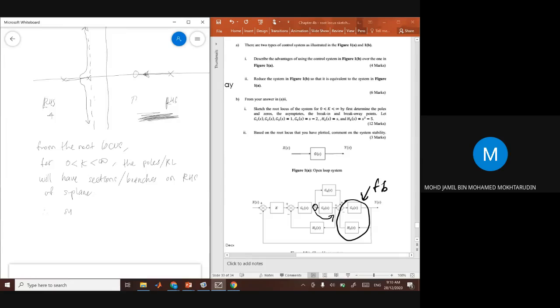Therefore, system is always unstable for k from 0 to infinity. Okay, so if you have this comment, you get 3 marks, okay? Okay, so let's move on to the next take-home quiz.